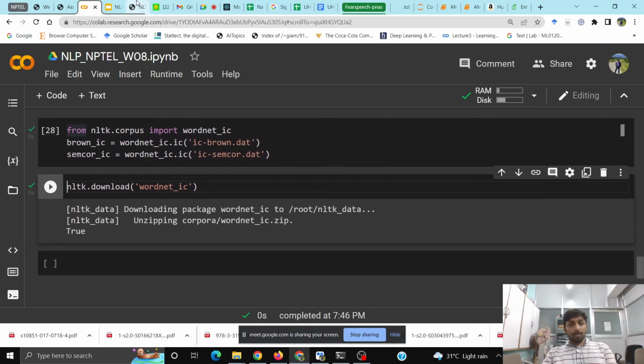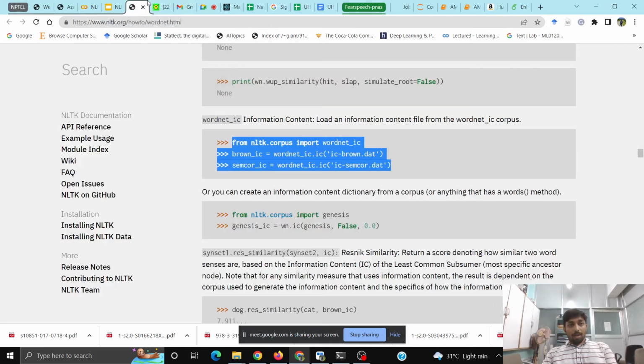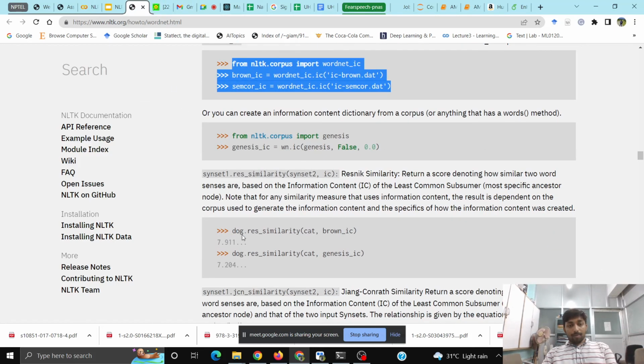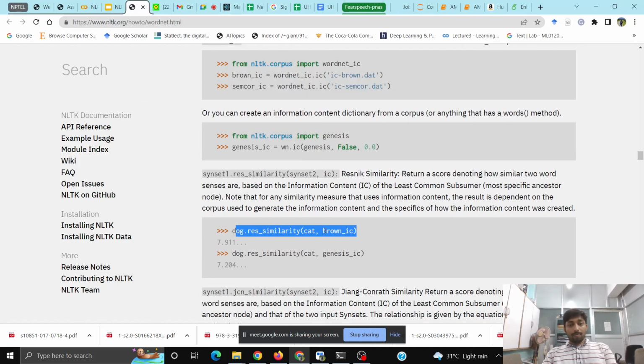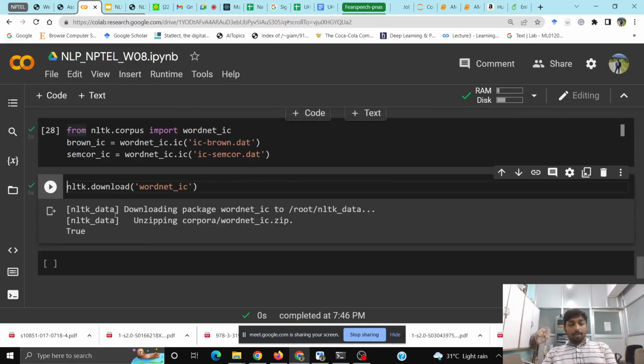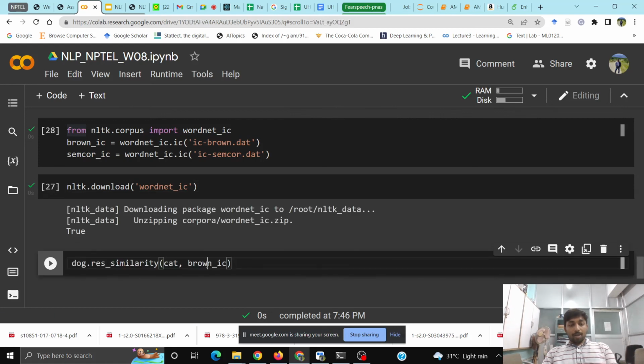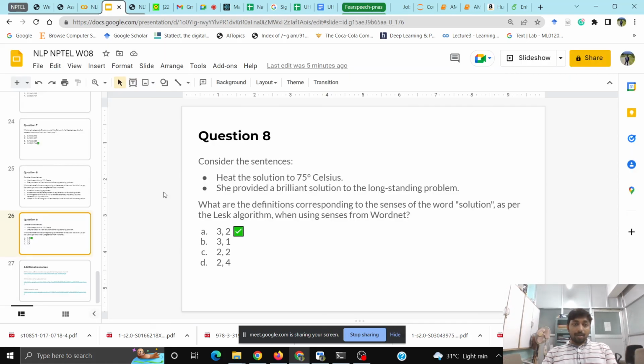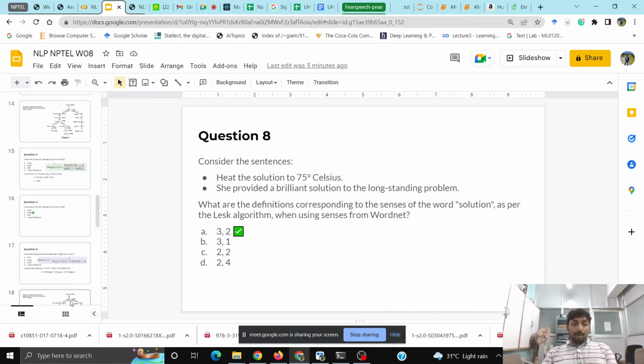These are two different versions. And then let us try this one. Dog. The IC part that we are using here is basically providing us with the values. If you see the graph here, we are already provided with the values of the IC.